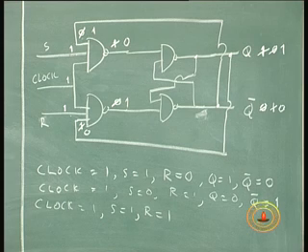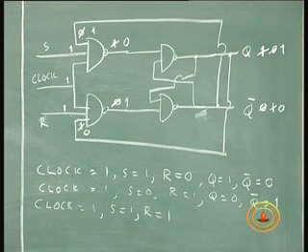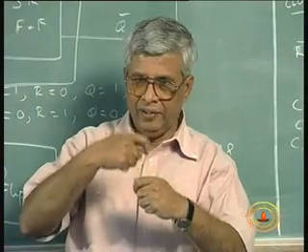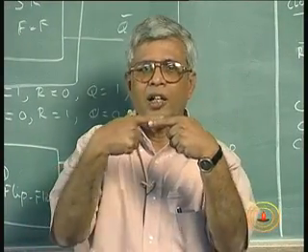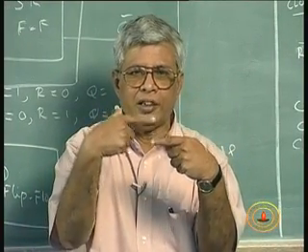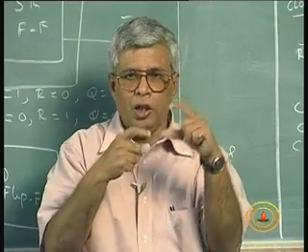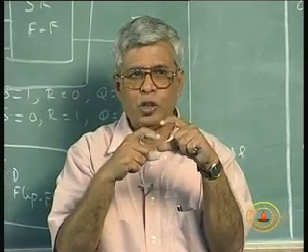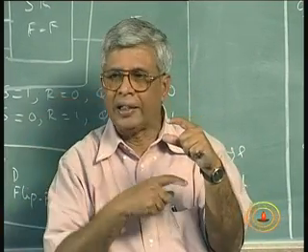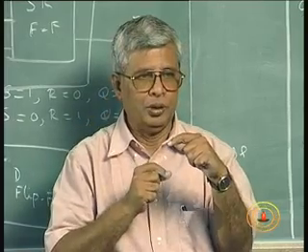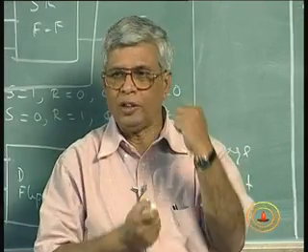What I am trying to say is, because there is a feedback, as long as I keep the clock high and as long as I keep S equal to 1, R equal to 1, all inputs to the NAND gates are frozen except the ones coming back, the feedback inputs. Those inputs were 0 1 to start with.